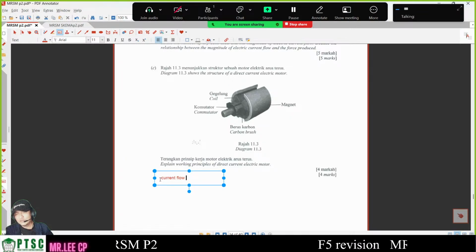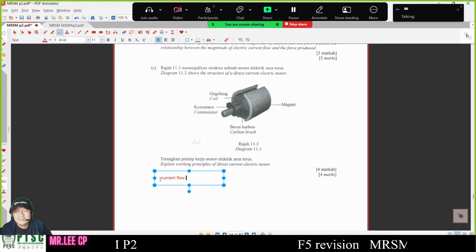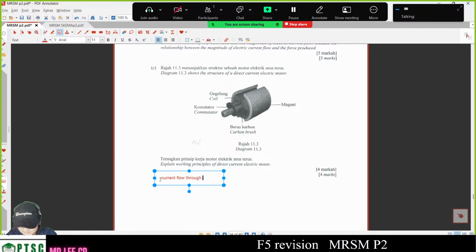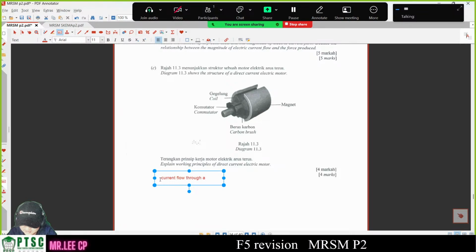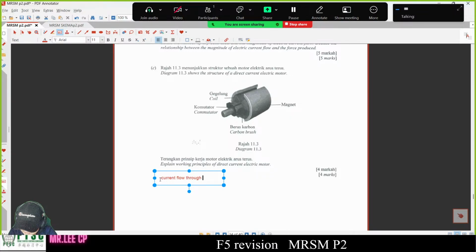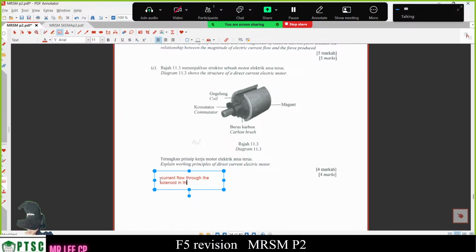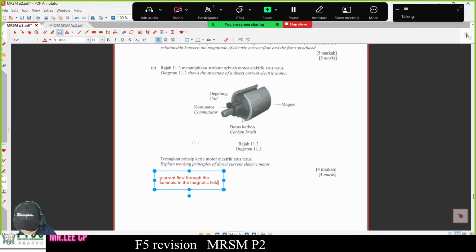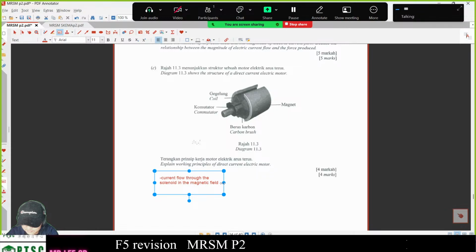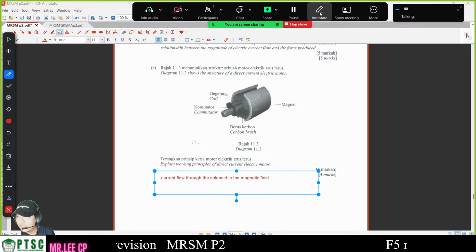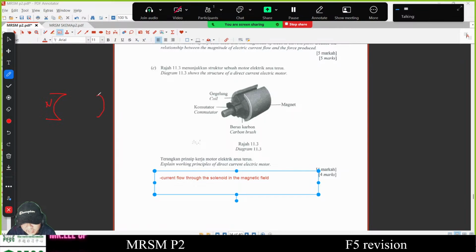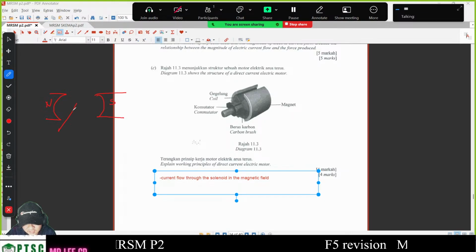Current flow through the solenoid in the magnetic field. Okay, now actually it comes in this way. So this one is your magnet, and then this is your solenoid.